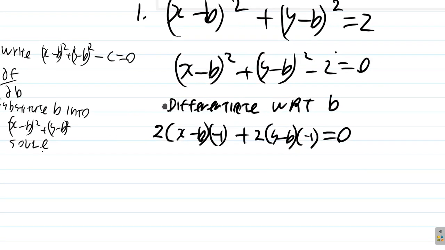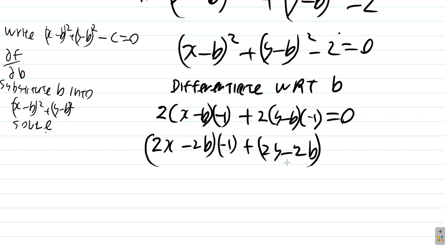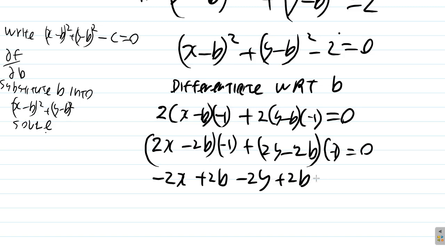Let's open the brackets. We have 2x minus 2b, and that's multiplied by -1, plus 2y minus 2b, and that's multiplied by -1, equals 0. When you negate them now, you get -2x plus 2b minus 2y plus 2b equals 0. Good. So this will be -2x minus 2y plus 2 and 2, 4b equals 0.